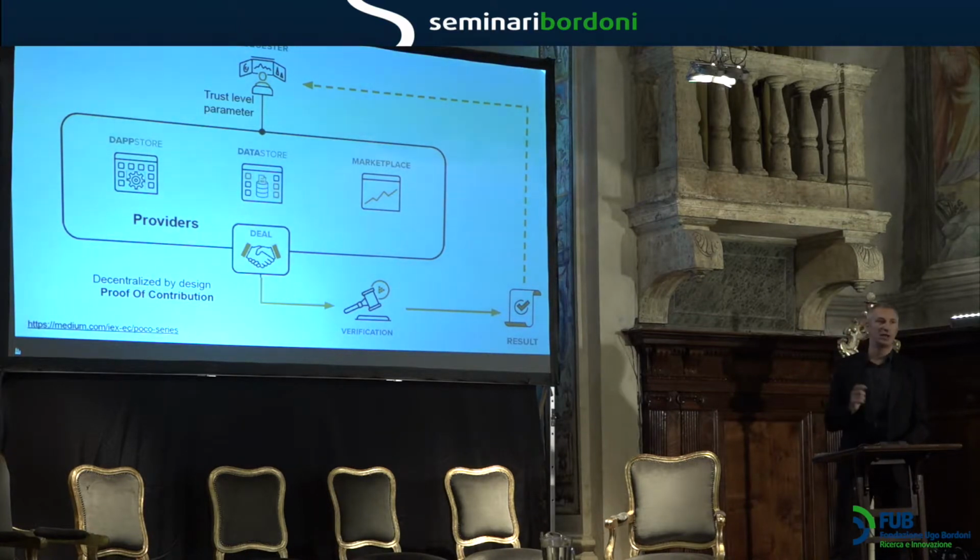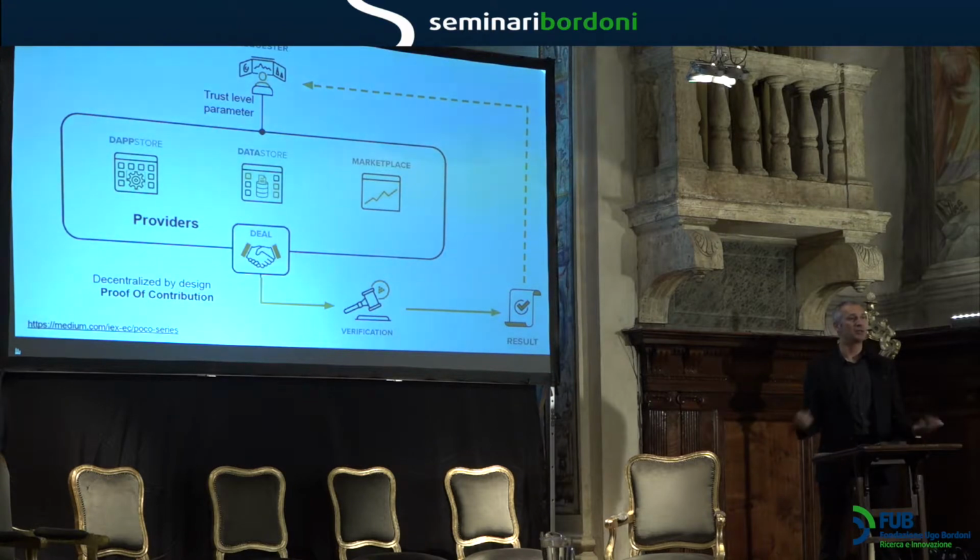There is one notion that is really key with decentralization, which is the notion of trust. When you are a requester and you want to execute an application, you request the execution with a certain level of trust, and that's a parameter. This is something new that typically does not exist with centralized computing. Basically, you go on Amazon Web Services because you trust them, but you have no idea if it went right or wrong.